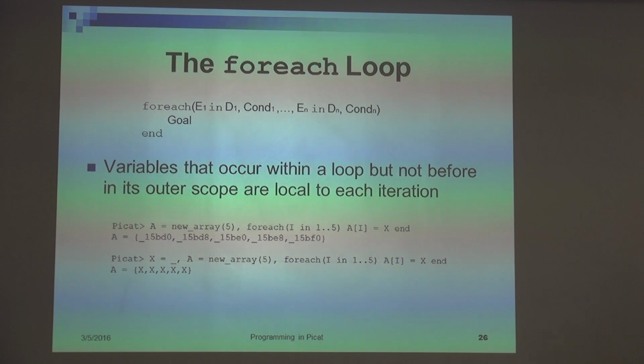Variables that occur within a loop, but not before in its outer scope, are local to each iteration. So for example, here x is a local variable, so you have different variables. In this one, x occurs before the loop. Then it is global to all the iterations.